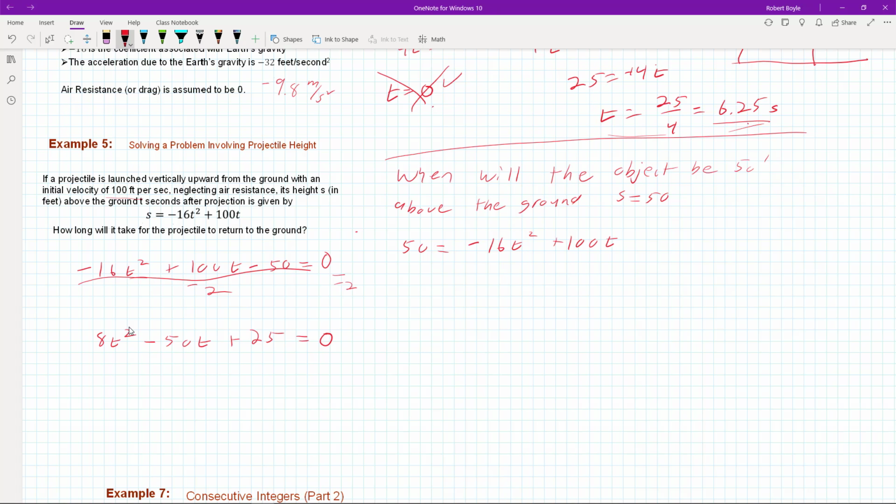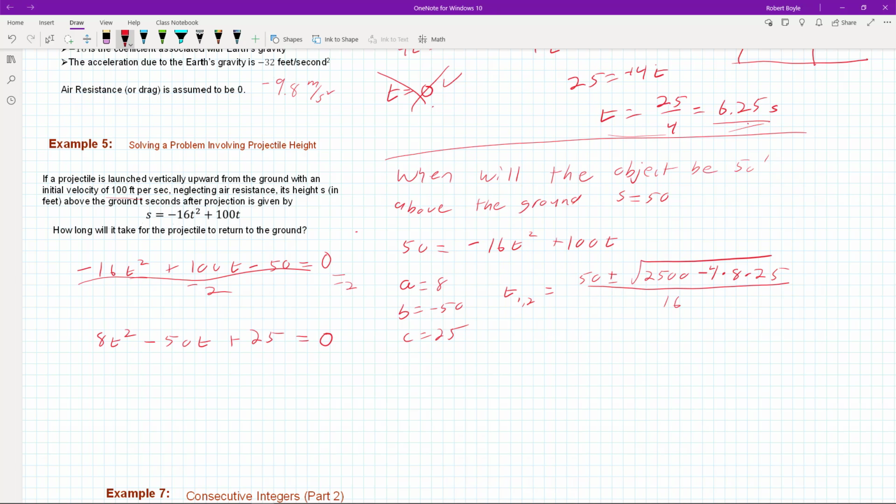So we will have that a is equal to 8, b is equal to minus 50, c is equal to 25. And we will have that t, there will be two solutions, is going to be equal to 50 plus or minus the square root of 50 squared, which is going to be 2,500, minus 4 times 8 times 25, all divided by 2 times a, which in this case would be 16.